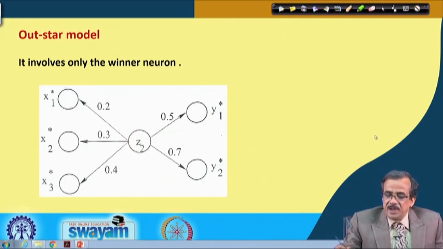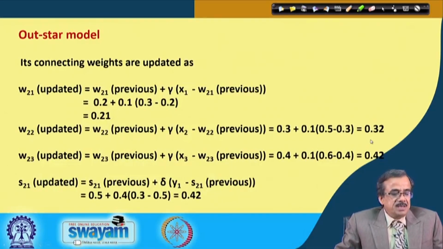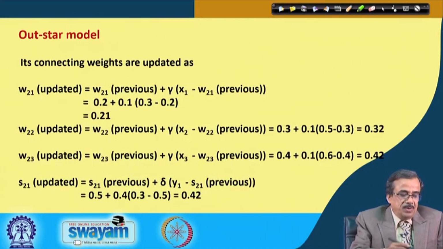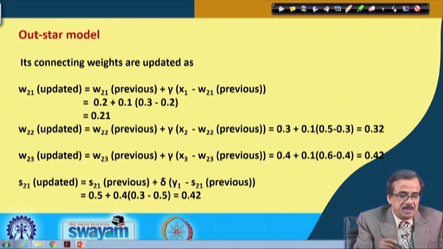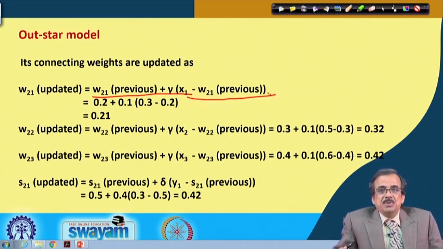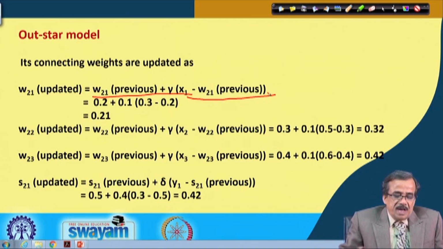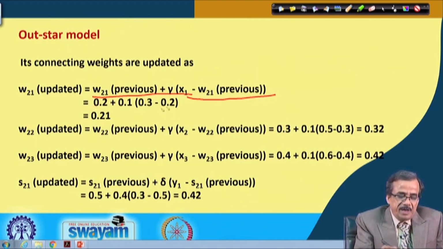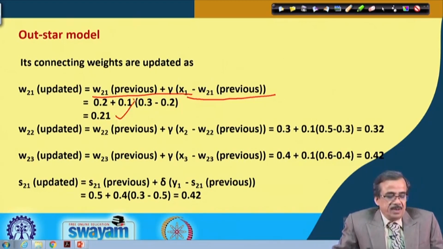Now, if you update those connecting weights, W21 updated is nothing but W21 previous plus gamma multiplied by (x1 minus W21 previous), and if you substitute the numerical values and calculate, W21 updated will be 0.21.